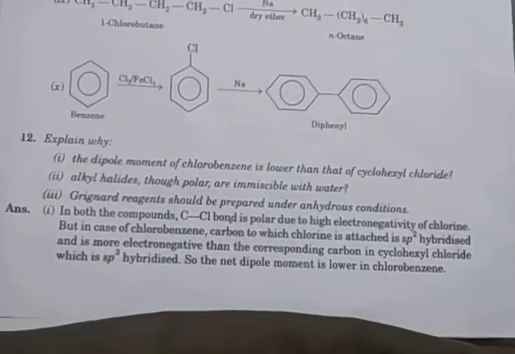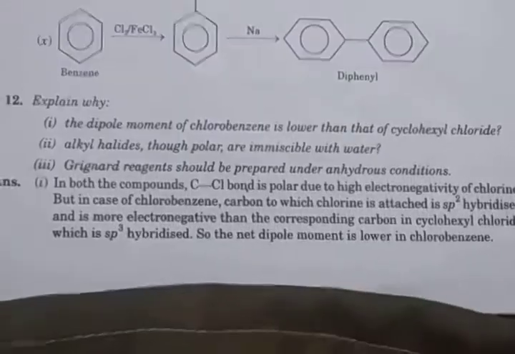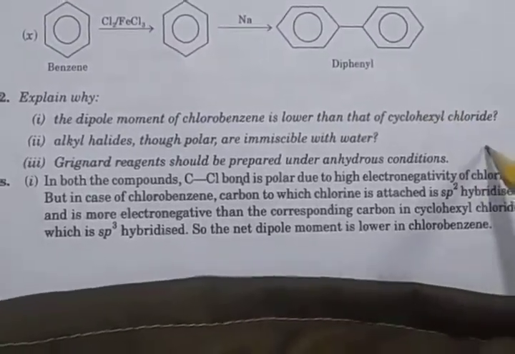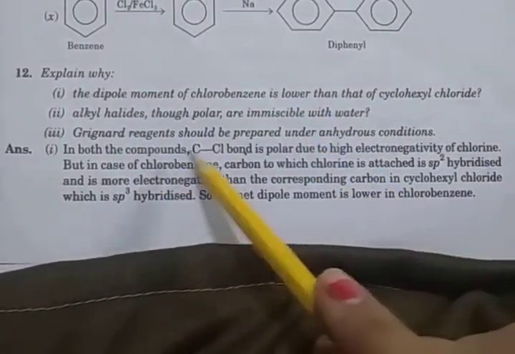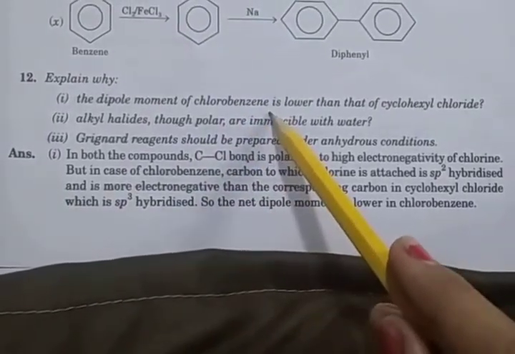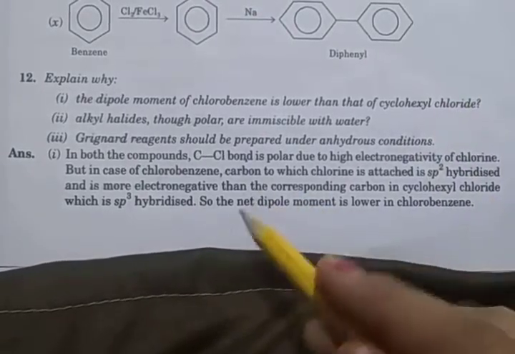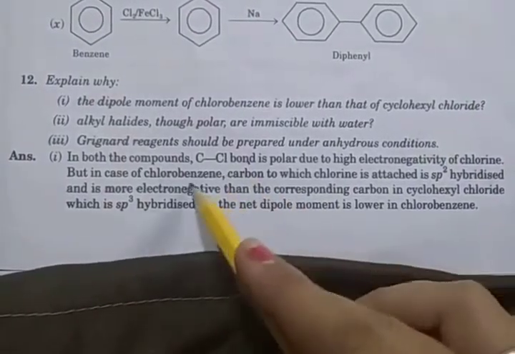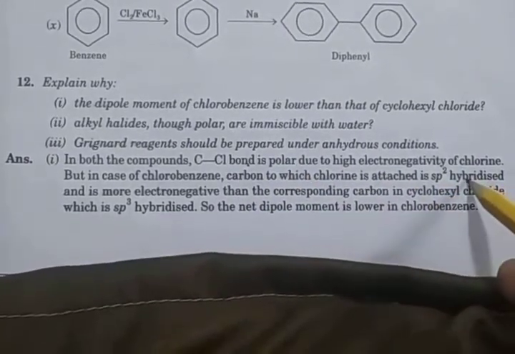Then question number 12. Explain why the dipole moment of chlorobenzene is lower than that of cyclohexyl chloride. In both compounds, a halogen chlorine is attached to a ring, benzene in chlorobenzene and cyclohexane in cyclohexyl chloride. In both, the carbon-chlorine bond is polar due to the high electronegativity of chlorine.